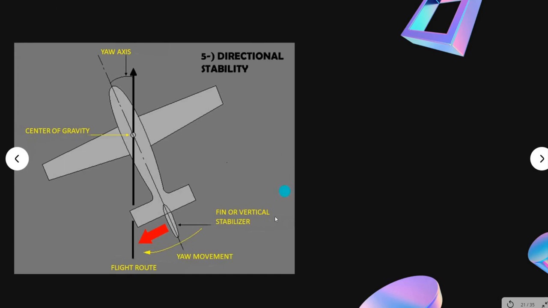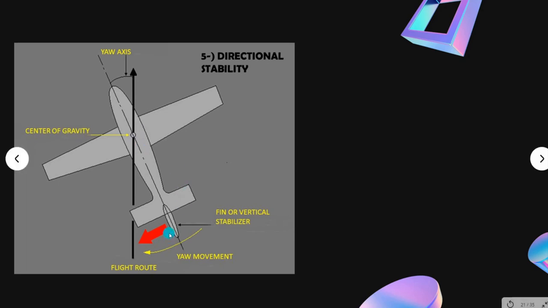So consider a gust of wind hits the aircraft, and the aircraft gets tilted towards the anti-clockwise direction. So we want that without giving any input, the aircraft must return back to its original position. So how can it return back to its original position? If the aircraft generates a clockwise moment, then the aircraft can return back to its original flight path.